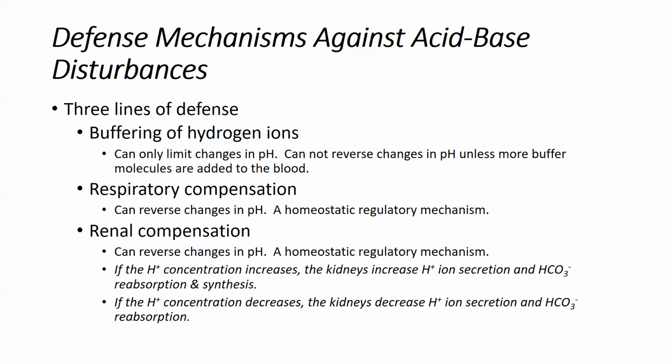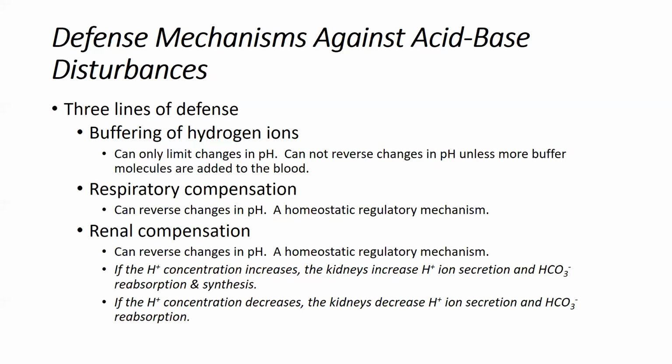Let's talk about the 3 lines of defense. The first one is going to be the buffering of hydrogen ions, right? And when we say defense, we mean how does the body protect against these disturbances? So let's say you have a high protein diet and you're bringing in lots of acid. What does the body do to prevent any sort of disturbance in the acid base? So again, buffering happens in the level of the blood, and this is basically limiting the changes in pH.